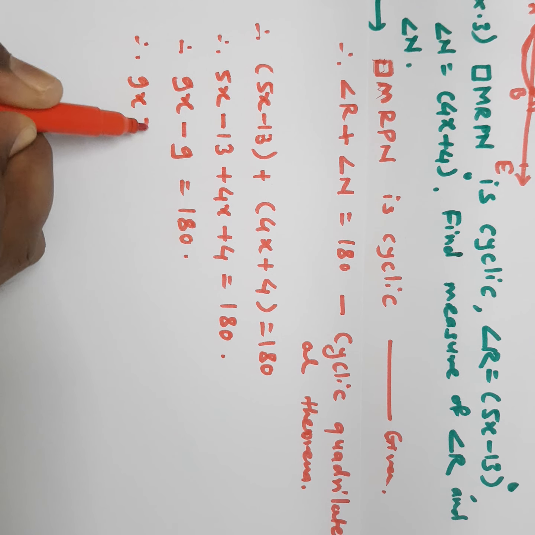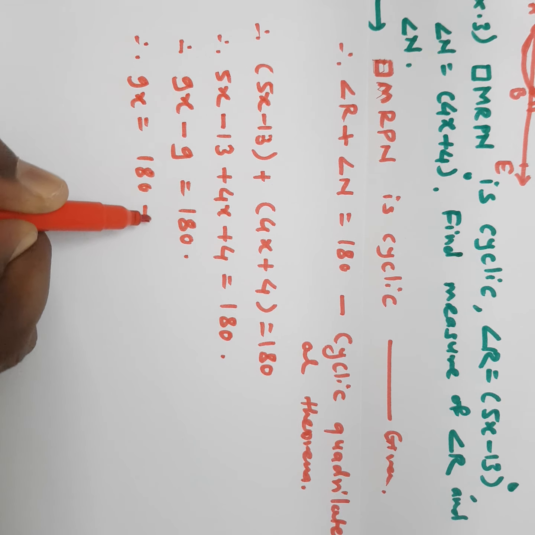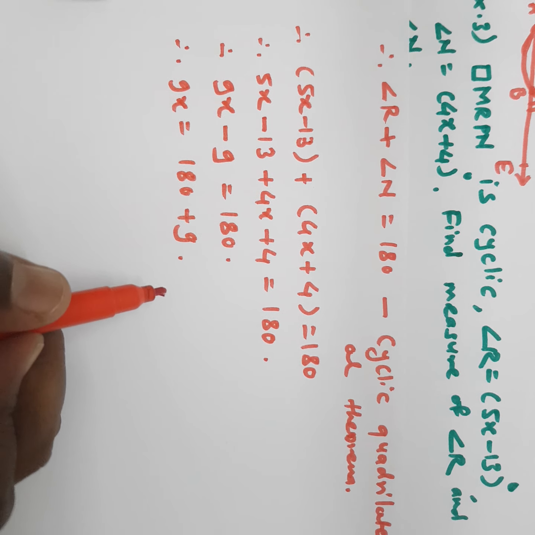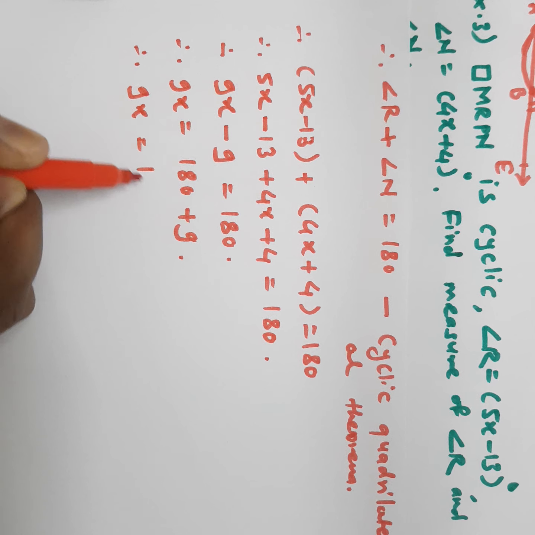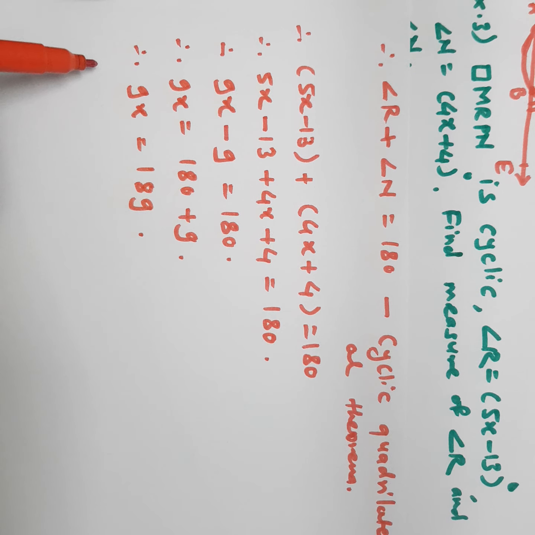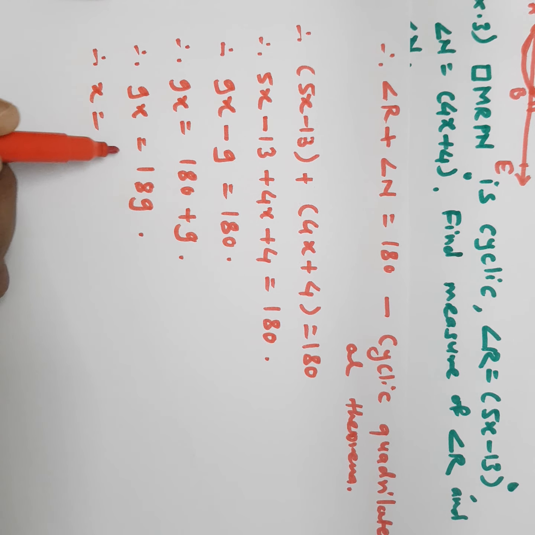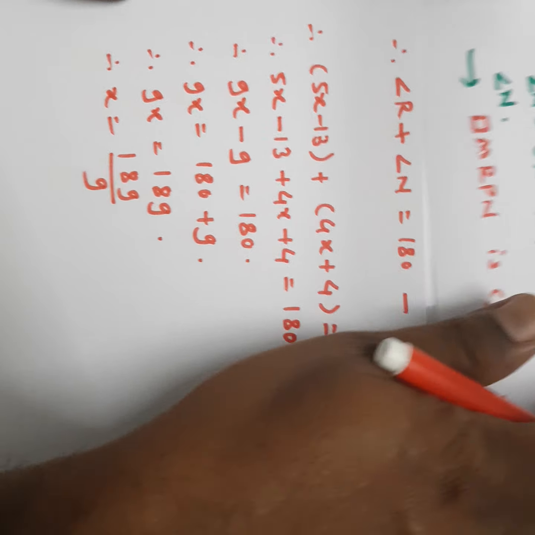Therefore, 9x is equal to 180 plus 9, so 9x is equal to 189. Therefore, x is equal to 189 upon 9.